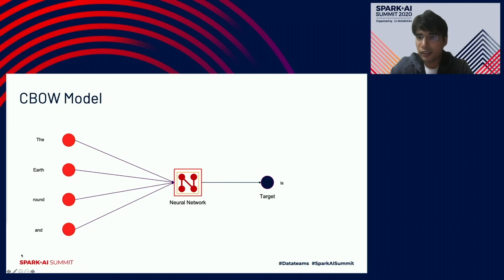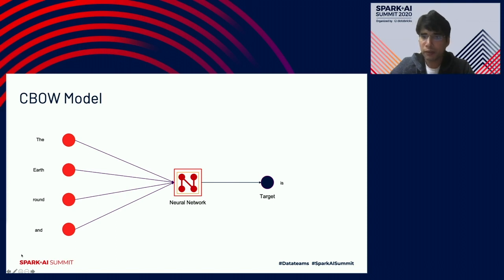This hidden layer then tries to learn the weights in order to predict the target word. So there's a conventional backpropagation that happens, and in the process of adjusting the weights, the final layer that learns these weights becomes your embedding. So basically, given all these words, what is my target word, and when the training happens, we get an embedding for each of the words.